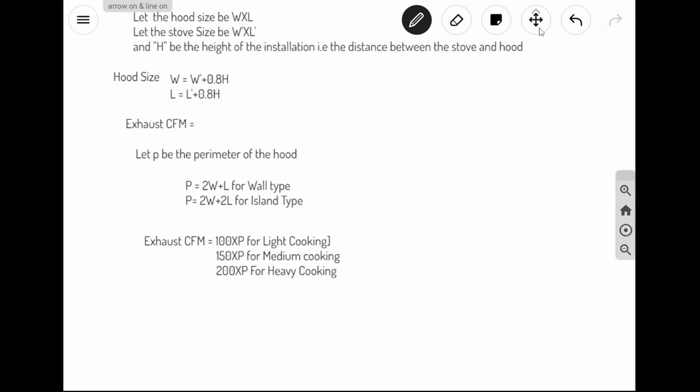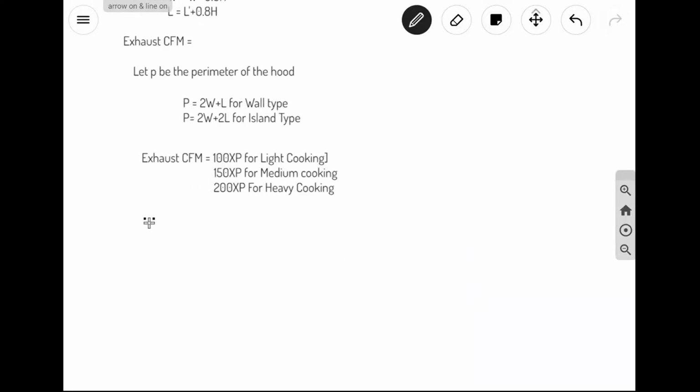Fresh air CFM equals 85% of exhaust air.